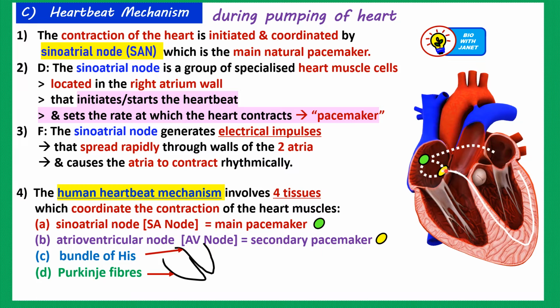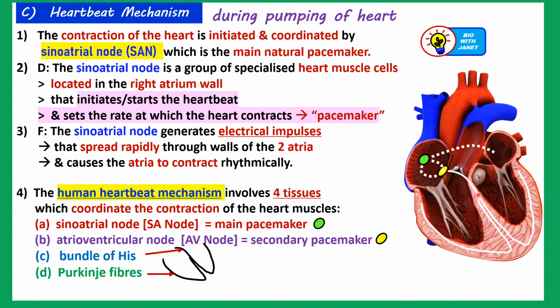So the atrioventricular node in the septum causes the impulse to flow down to the bundle of His, and the bundle of His has 2 branches.